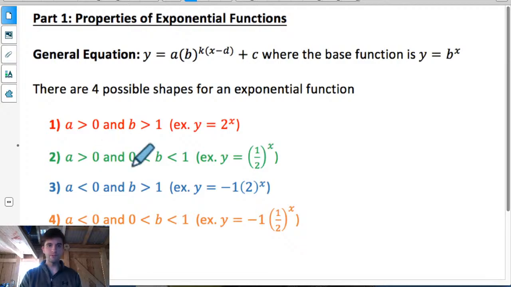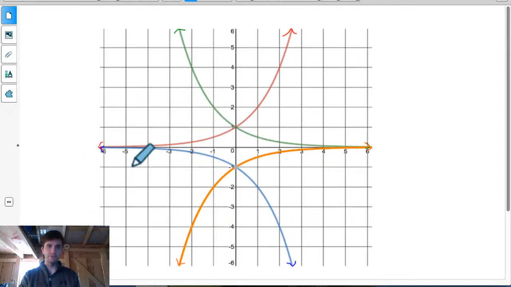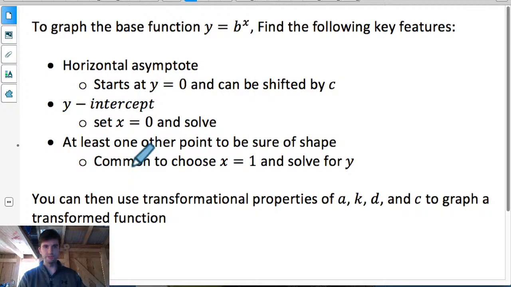So in the first part of your lesson, it's just showing you those four general shapes and then talking about the properties of those exponential functions. So an important property that we just talked about is that the horizontal asymptote can be shifted by the c value. So you might want to make a note, the horizontal asymptote is at y equals whatever the c value is. So whatever vertical shift has happened, that tells you where the horizontal asymptote is moved to.